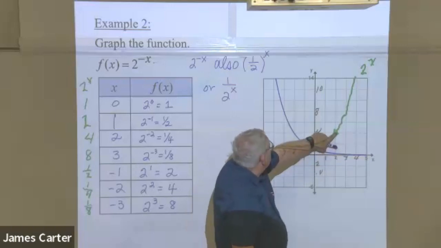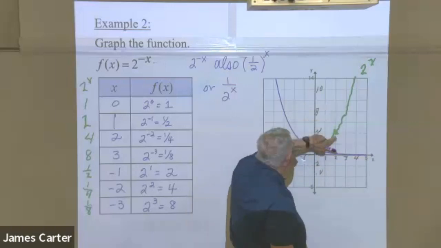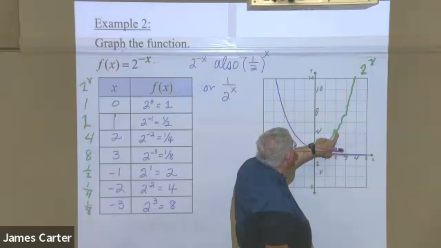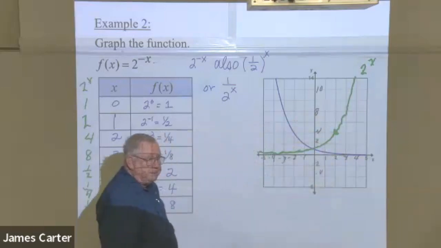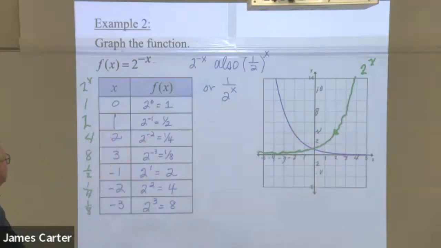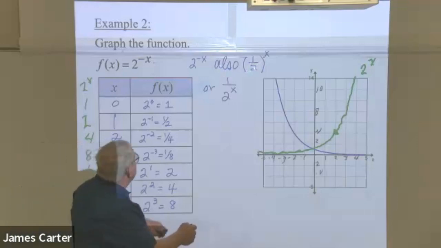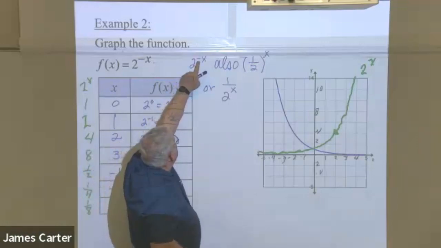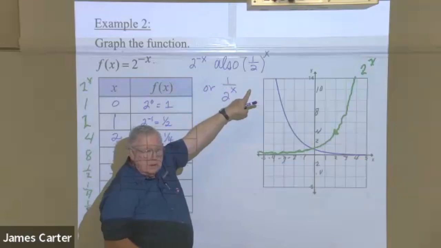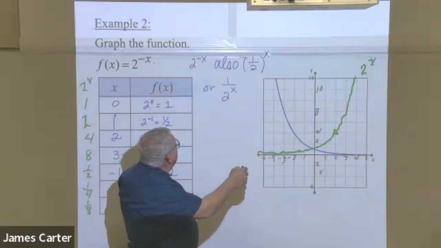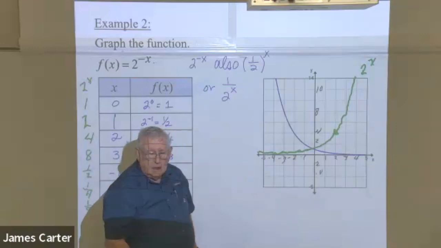If x is 2, y is 4. If x is 3, y is 9. Somewhere up here. This isn't perfectly accurate, but you get the idea. Now, what does this negative power do? This negative power could always also be this way. Remember, when you have a negative exponent, you can flip the base. So this means the same thing as 1/2 to the x.